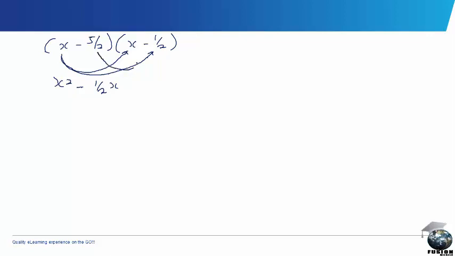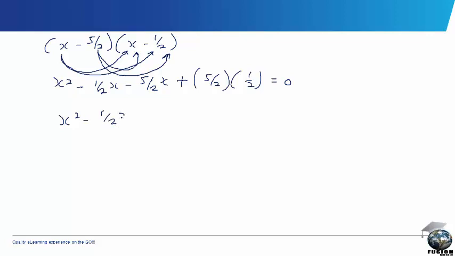Then 5 over 2 begins with x again, and then you have minus 5 over 2x, and then 5 over 2 goes into 1 over 2, and so you have plus 5 over 2 and 1 over 2 all equal to 0. So you have x squared minus 1 over 2x minus 5 over 2x, okay, plus you have 5 times 1, you have 5, 2 times 2, 4, equal to 0.